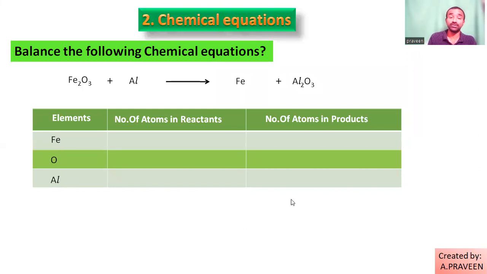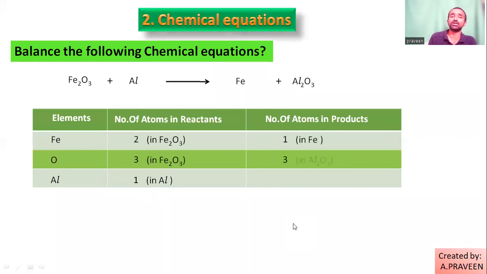Iron 2 in Fe2O3, oxygen 3 in Fe2O3, aluminium only 1. Right side: iron only 1, oxygen 3 in Al2O3, aluminium 2 in Al2O3. Completed. Is it balanced or not? Not balanced. Unbalanced chemical equation.